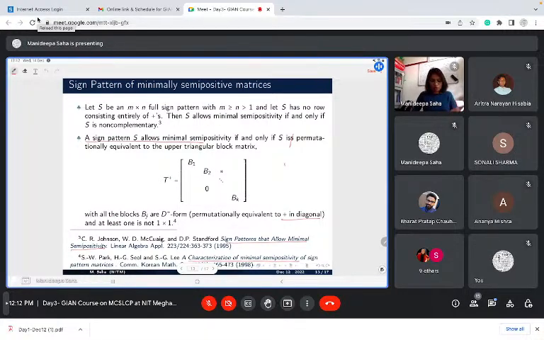If you go through these four papers, that's all about the sign pattern. Initially, when we started working, we were thinking of doing something on the sign pattern, and then I realized almost all the work has been done. But still, we will see if there are any possibilities where one can work, some kind of generalizations or anything.